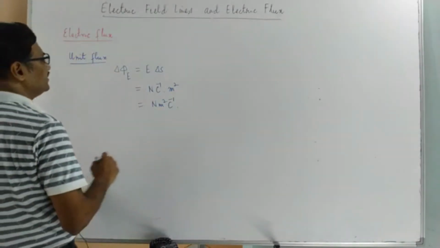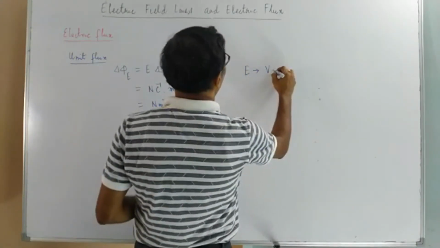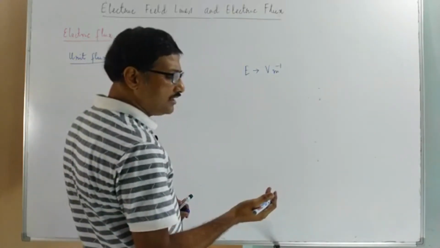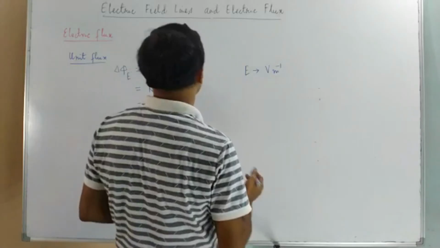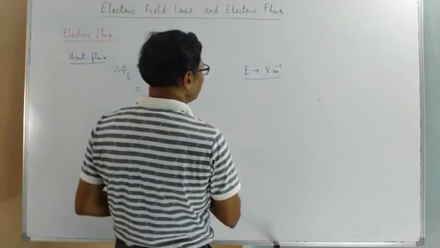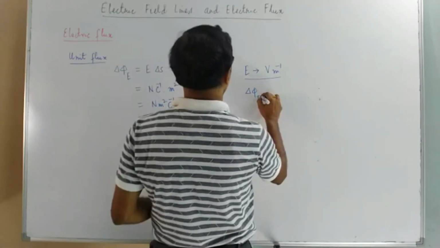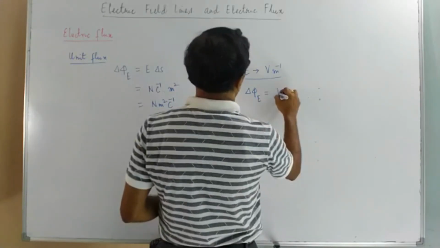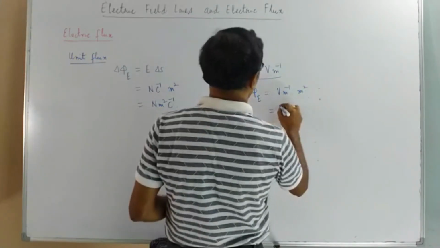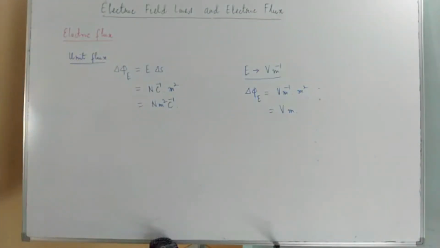Earlier I mentioned that E can also be represented in terms of volts per meter. We will discuss it when we study electric potential. If I consider electric field in terms of volts per meter, delta phi E becomes volts per meter into meter square. So we get volt meters.